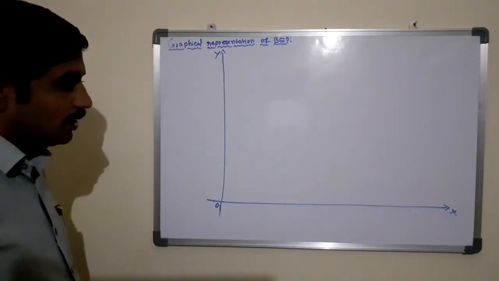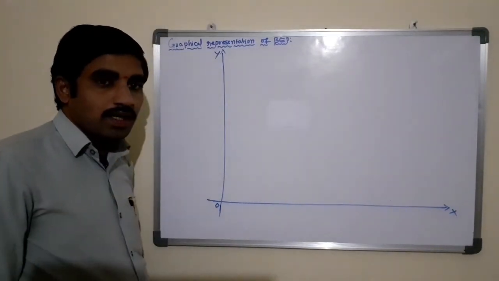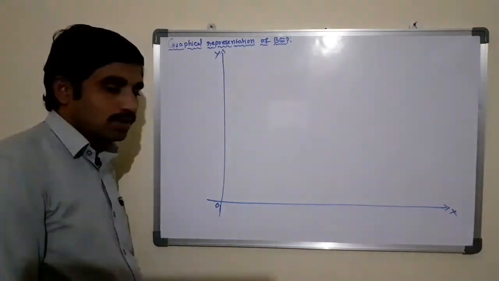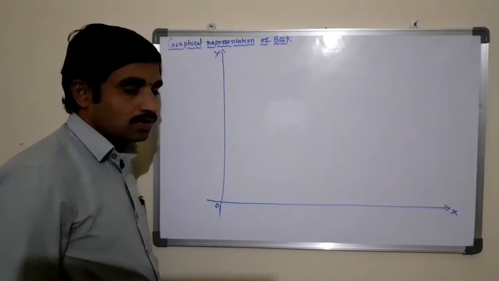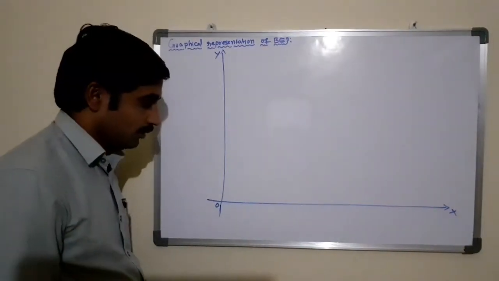Whatever data is available in the schedule that we have discussed until now, we need to take in the graph in order to construct a break-even point chart.